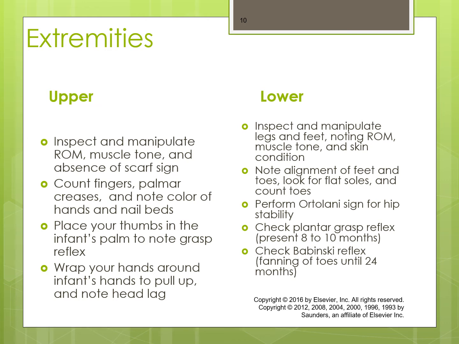And speaking of scarf, you're also looking for the scarf sign. You know how you throw a scarf over the neck? Well, sometimes when babies are born vaginally, they end up with shoulder dystocia or dislocation of the shoulder.